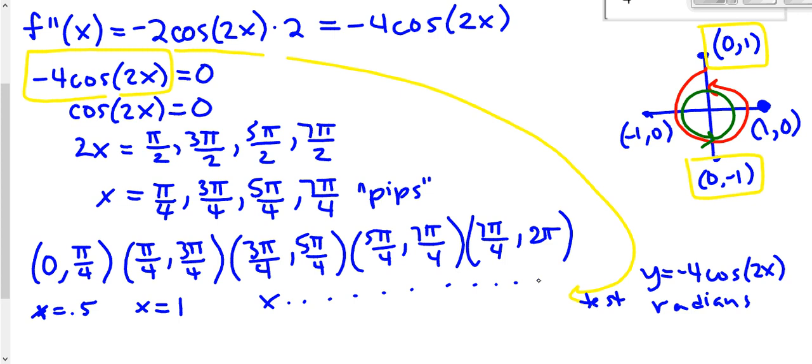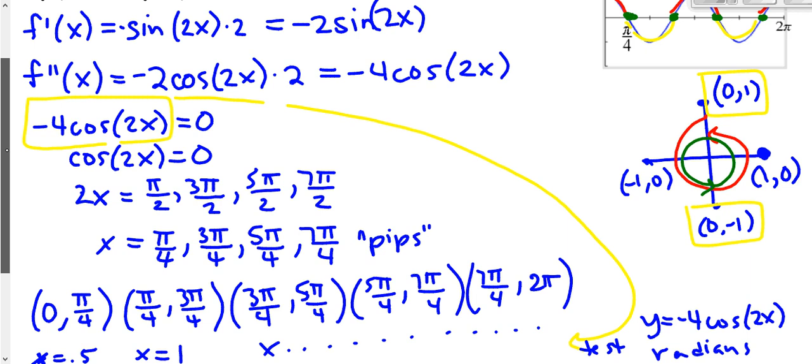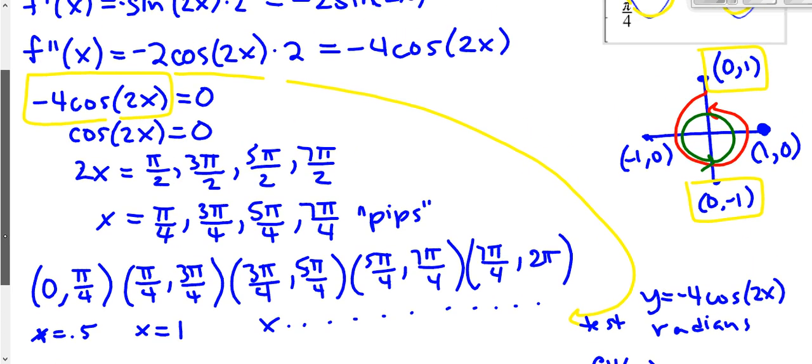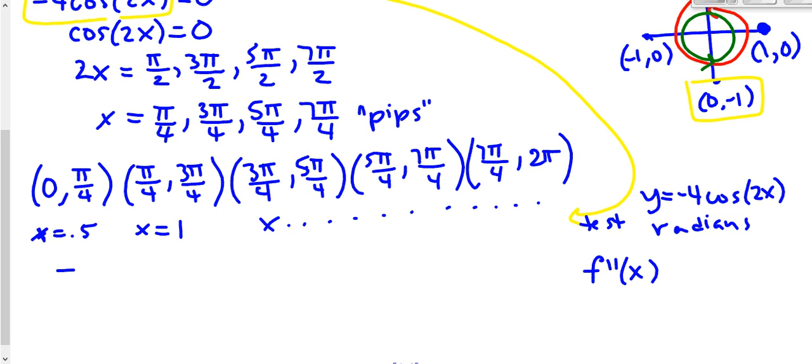So what you'll notice is that in the first interval, you're looking to see what's happening to the second derivative, and you're going to get a negative, and a positive in the next one, and a negative, and a positive, and a negative.